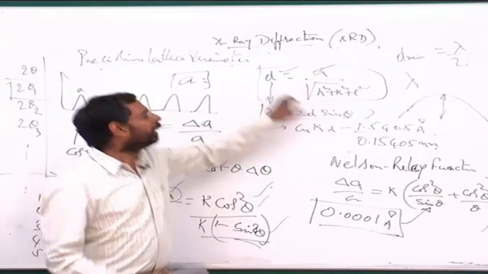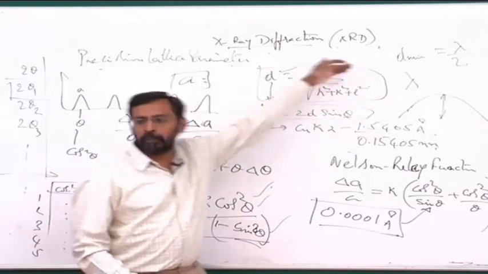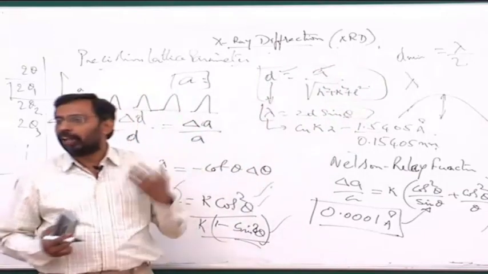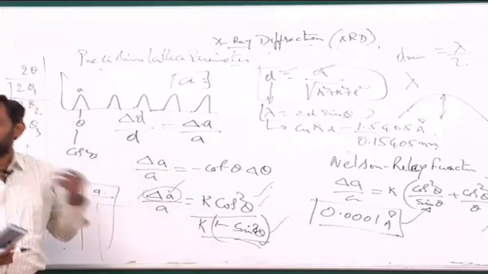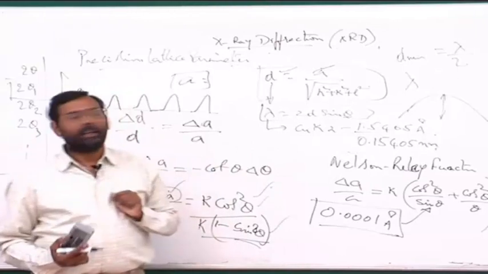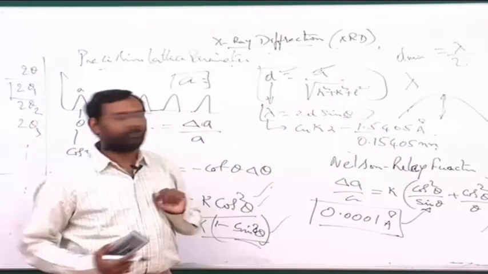For a cube, it is very easy, cubic systems. For complicated systems, it may be more difficult to find out A. And as a result, people use what is called Rietveld analysis and techniques like that, to find out the A. And once you have the A for each of the peaks, if you are able to find out.